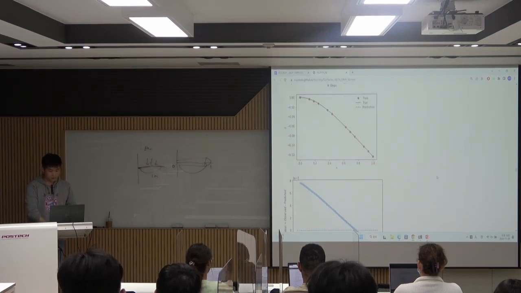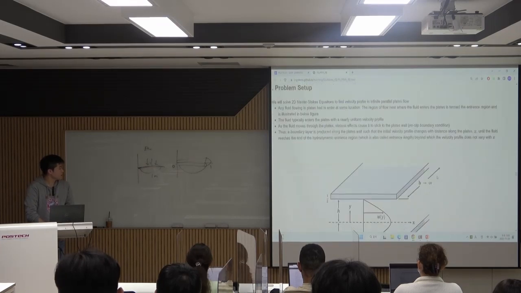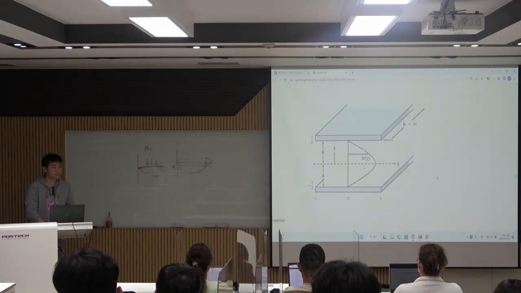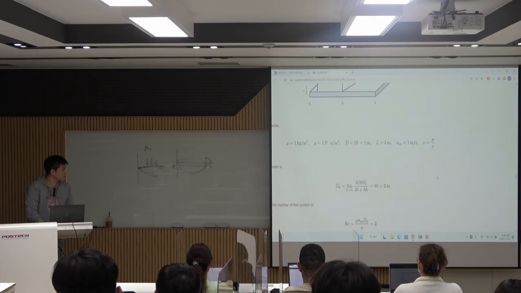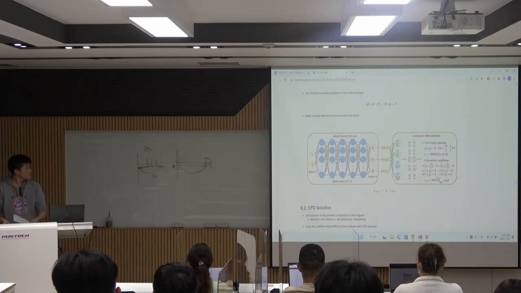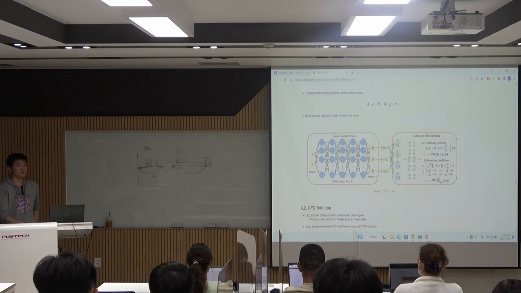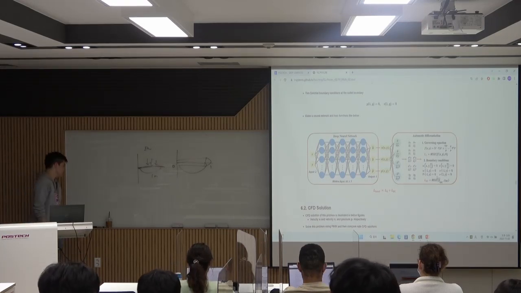So there is a fluid mechanics example as well, but I'm not going to discuss it here because it's quite complicated, and we are running out of time. So, any questions about physics-informed neural networks? Any questions about the code?